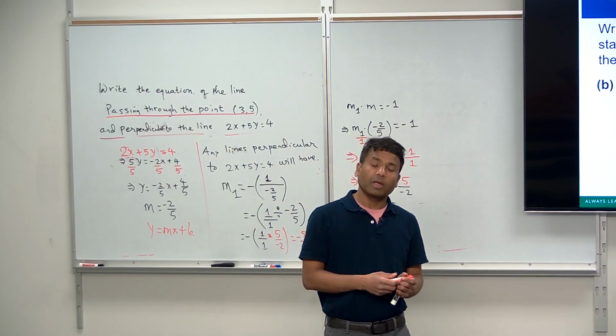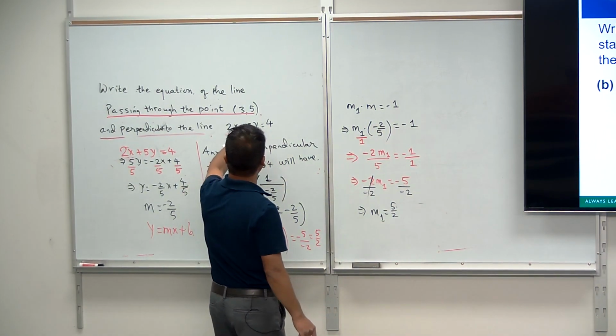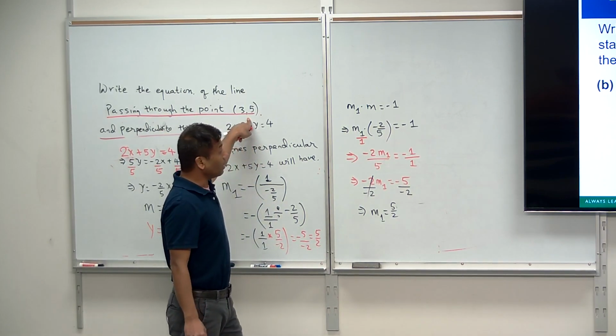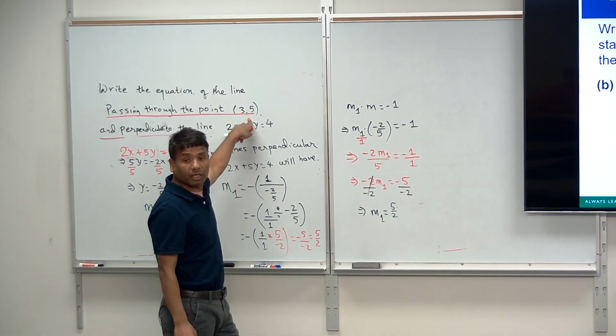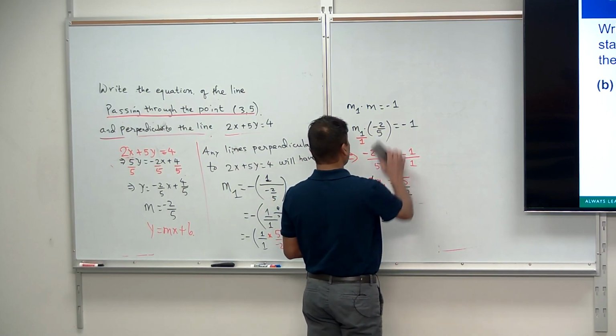Now, you have the slope, you have a point, and you can find the equation by using point slope. Make sense? So what is the point slope form? So you got m1 equal to 5/2.